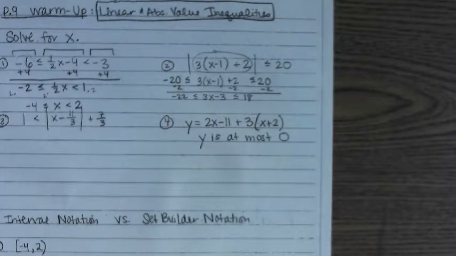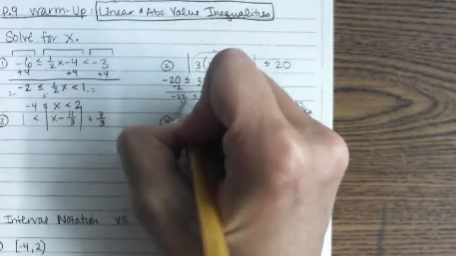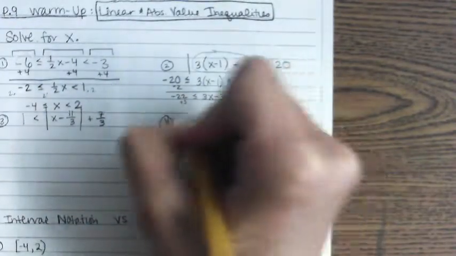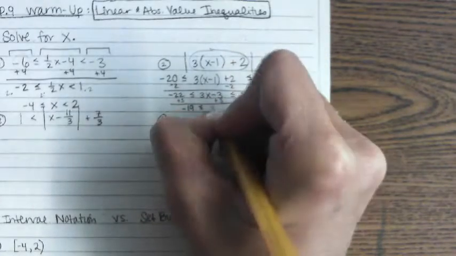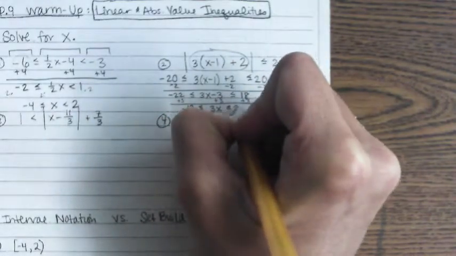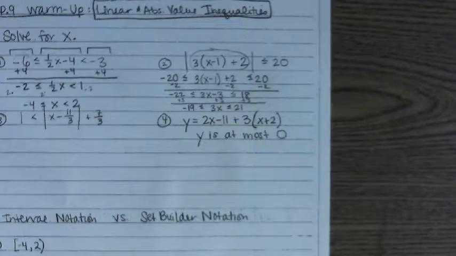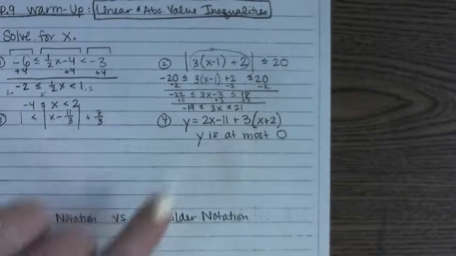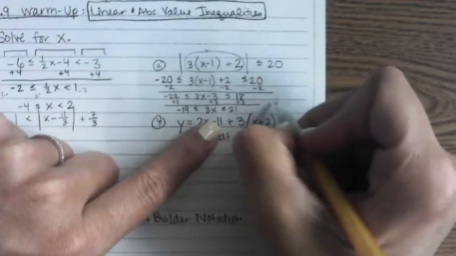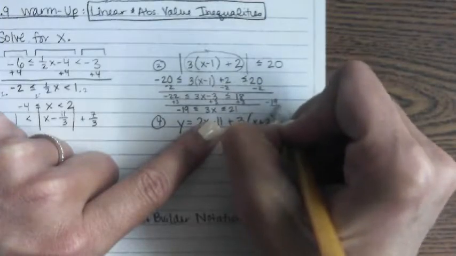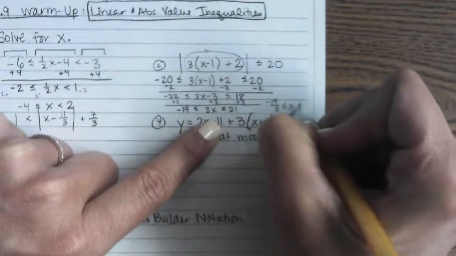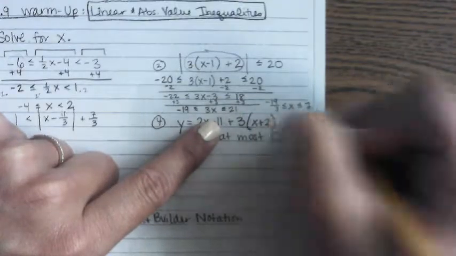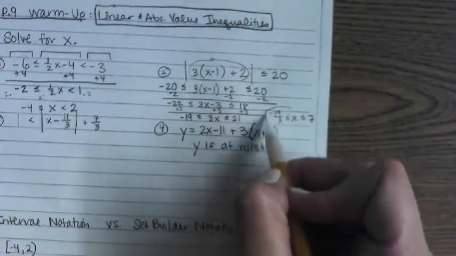Then I'm going to add the 3. And then I'm going to divide by 3. So that's going to be -19 thirds is less than or equal to x is less than or equal to 7.